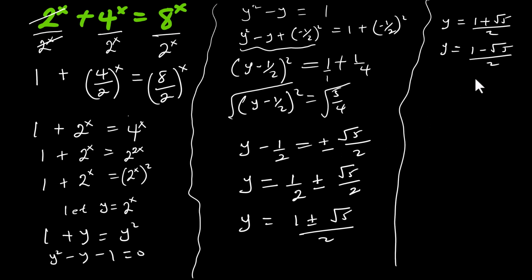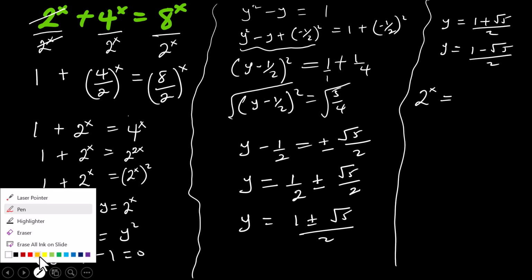When you take this on the calculator, one gives you a negative and the other a positive. Let's go back. Remember, we represented 2 raised to x by y. So 2 raised to x equals the first answer for y.